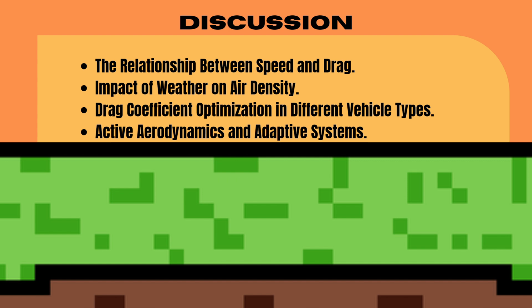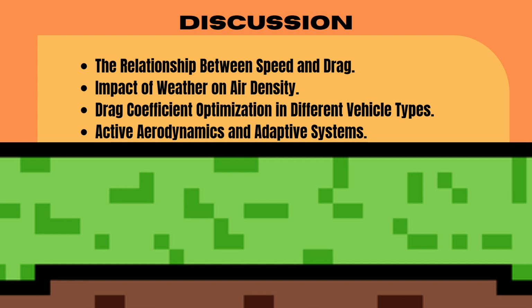So doubling the speed doesn't just double drag, it actually increases it by 4 times. This is why high-speed vehicles like race cars or aircraft put significant emphasis on aerodynamics and minimizing the drag coefficient, since a small reduction in drag can make a difference at high speed.